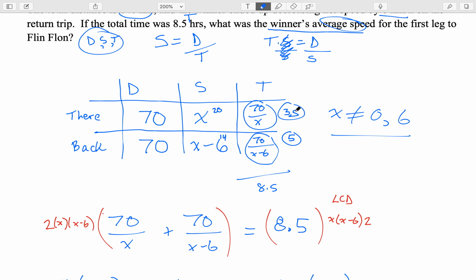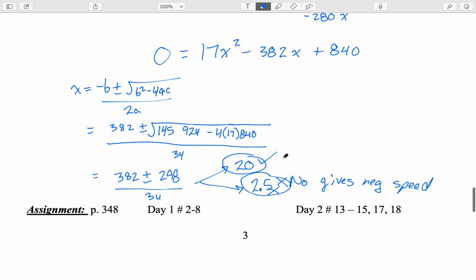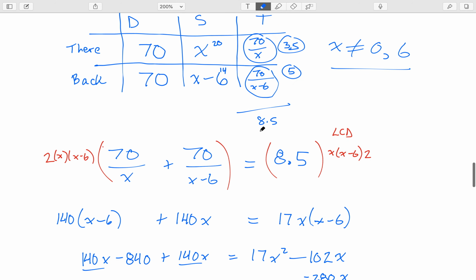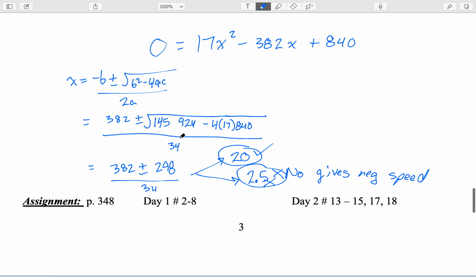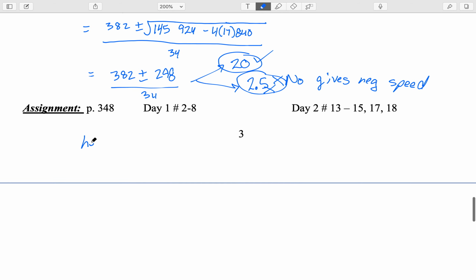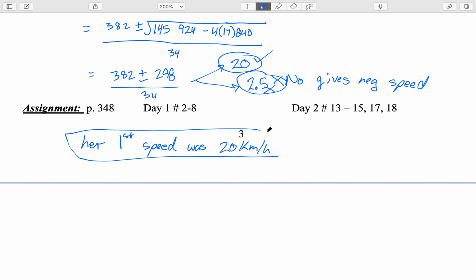Oh, that makes sense. 3.5 hours, 5 hours. There's the total time of 8.5. So what's the answer? Let's go back. If the total time was this, what was the winner's average speed for the first leg? Her first speed was 20 kilometers per hour on average. That's for the first part.